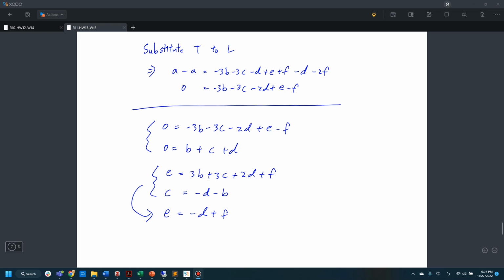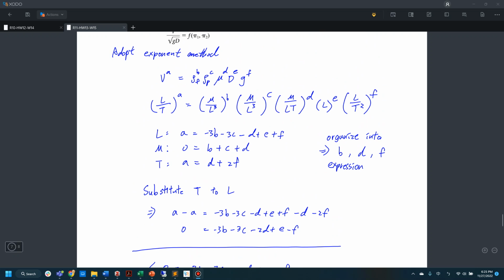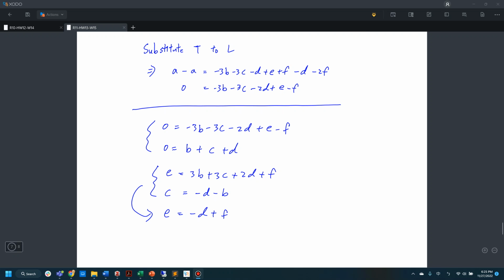So we can further substitute the C in the first equation using the second equation. You will get that E can be expressed as minus d plus f. Okay, so now we already know that a is equal to d plus 2f, c is equal to minus d minus b, and e is equal to minus d plus f.